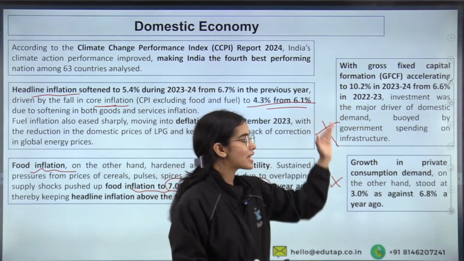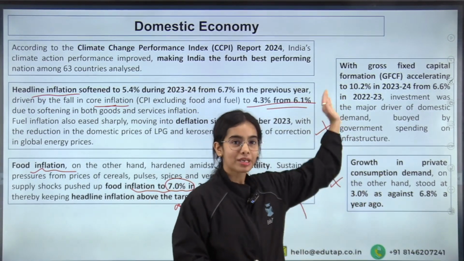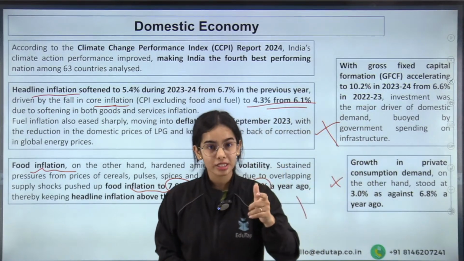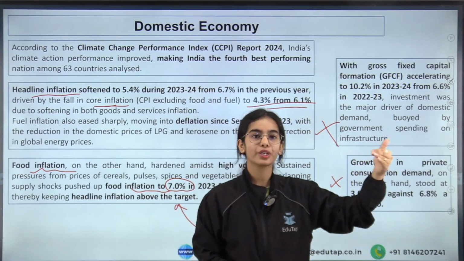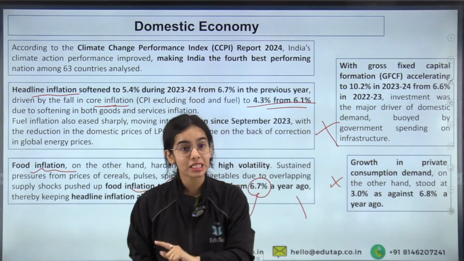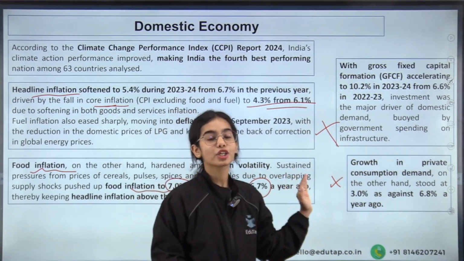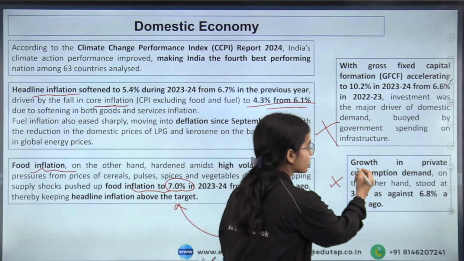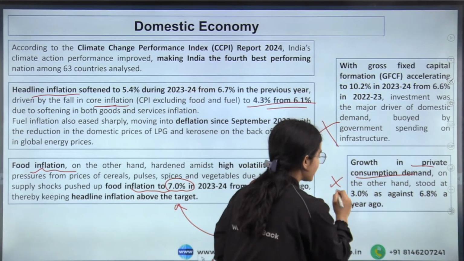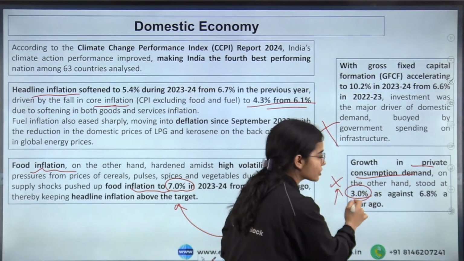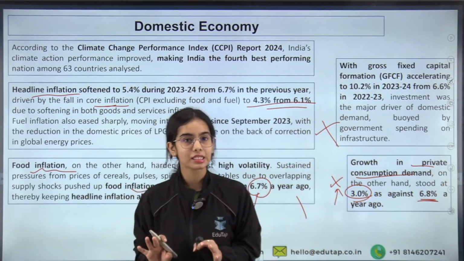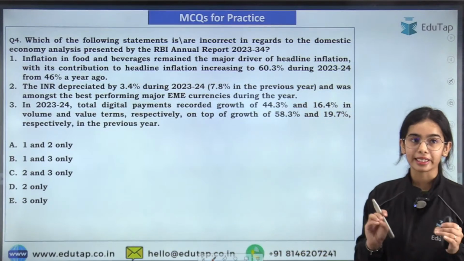The gross fixed capital formation has increased by 10.2% in 2023-24 as compared to 6.6% in the previous year, and the private consumption demand has increased, but only by 3% as against 6.8% in the previous year. So I hope this is clear, and these are the important data points.